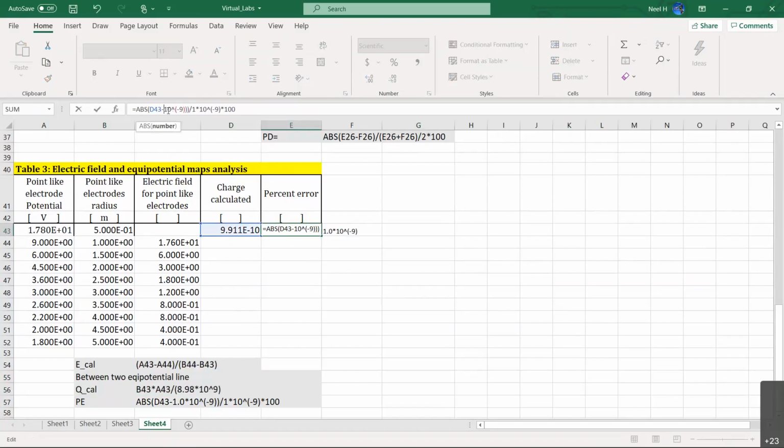There should be an ABS, 10 to the power, and then close parentheses of -9. Maybe we don't need the parentheses for negative; it will read automatically. And then there should be a parenthesis here, maybe.